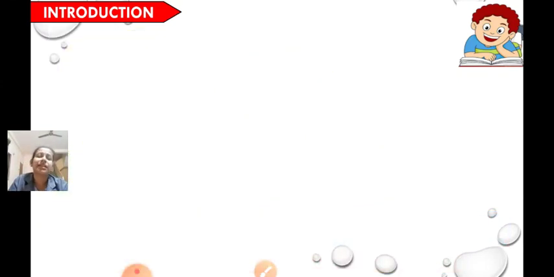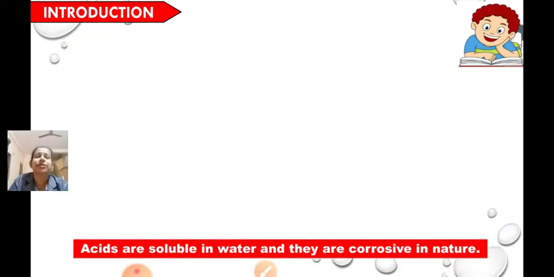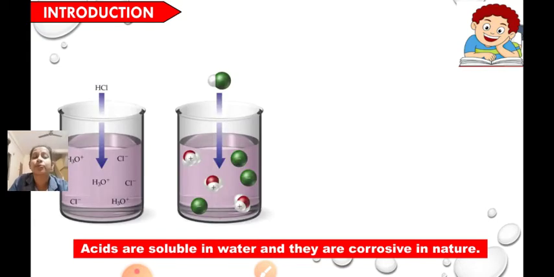Fine. Let's proceed further. Now acids are soluble in water, and they are also corrosive in nature. That means if you try to dissolve an acid in water, it can dissolve. You are going to learn something about concentrated and dilute.